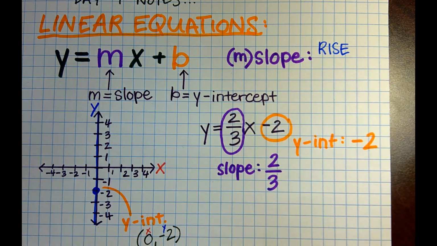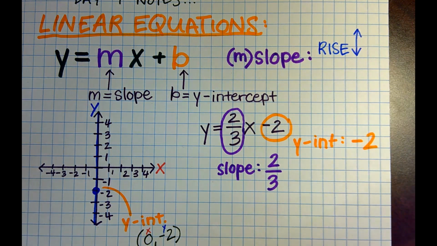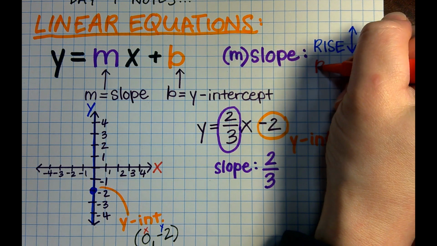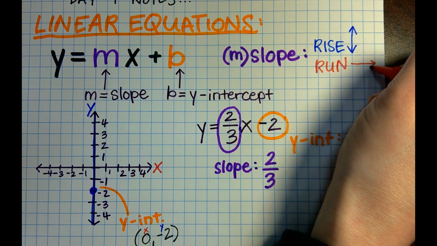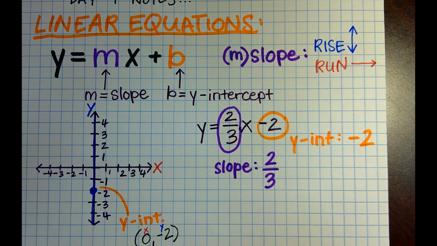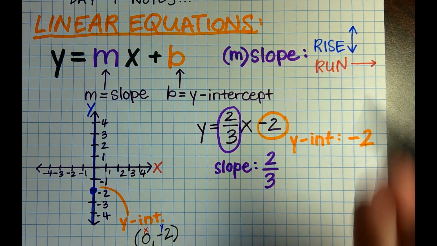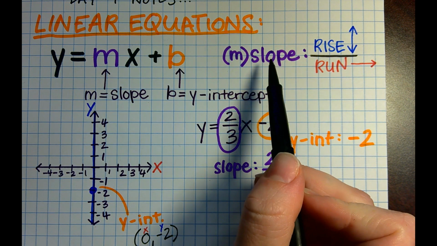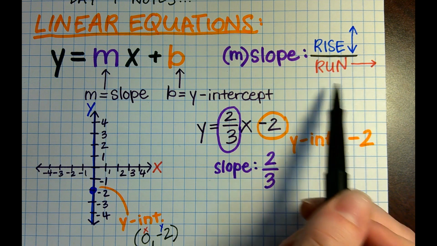So rise meaning how far up or down we go, over run, which tells us how far to the right we go. Could be to the left, but we're going to assume for now it's always to the right. So, slope is also considered rise over run.